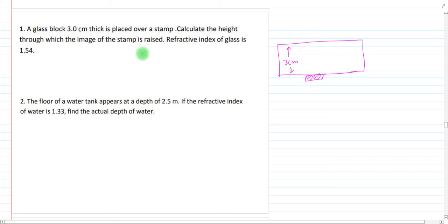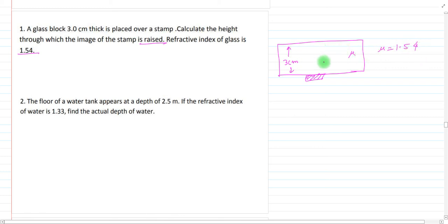Calculate the height through which the image of the stem is raised. The refractive index of glass is given as 1.54. So mu equals 1.54.